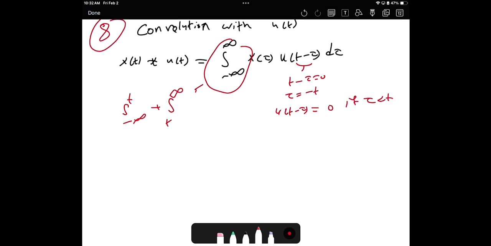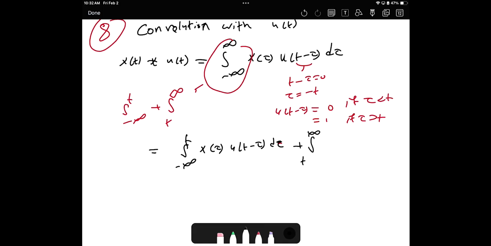So now let's do it. Basically, it will be the integral from negative infinity to t, x of tau, u of t minus tau, d tau, plus the integral from t to infinity, x of tau, u of t minus tau, d tau. Now, the point is u of t minus tau.